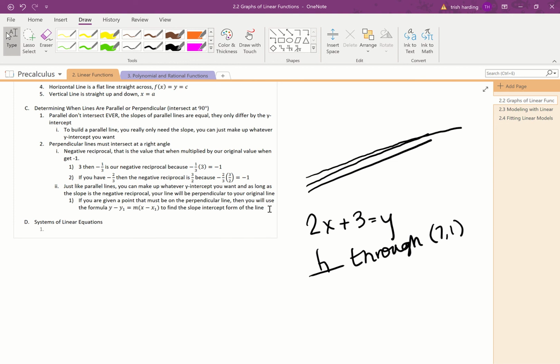I believe in this chapter you only do 2, so for now it will be 2 linear equations. And when we say to solve them, what we mean is to find where they intersect.